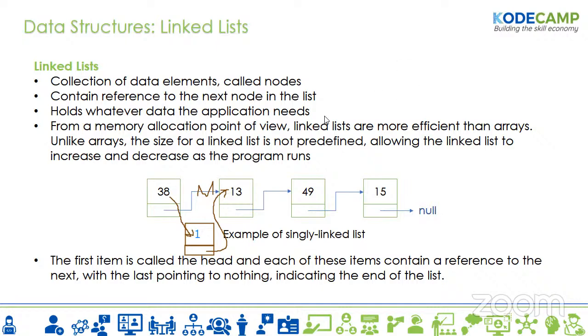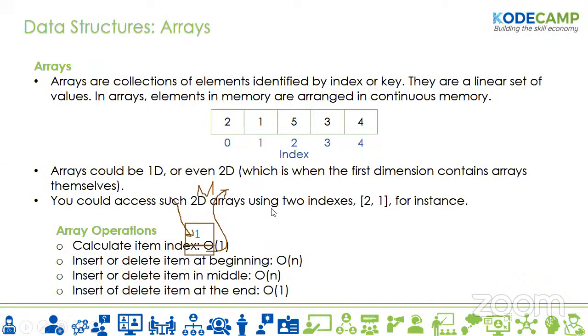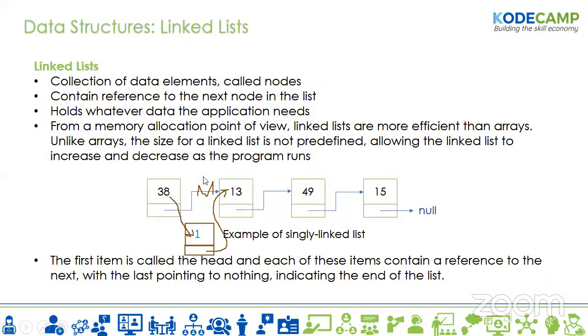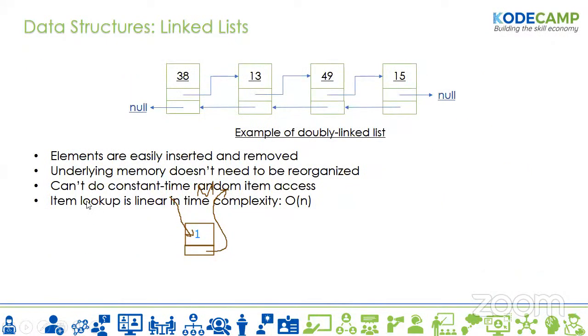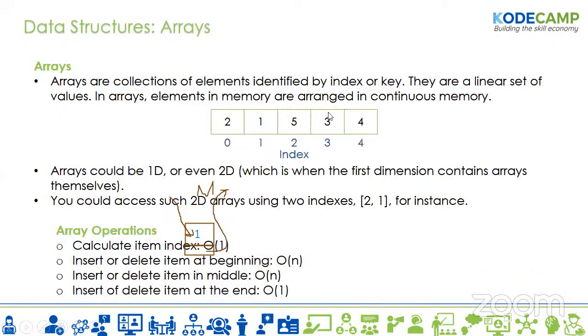Now, when working with an array, what we saw here, let me clear this up, okay? When working with an array, what we saw here in the array is that for every insertion we had to reassign the values.